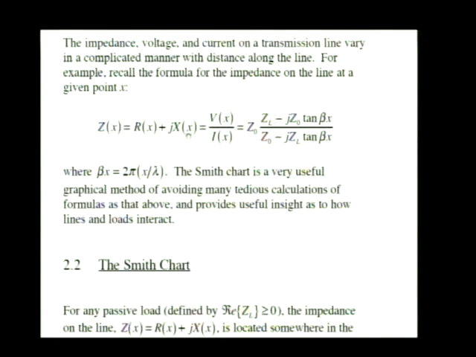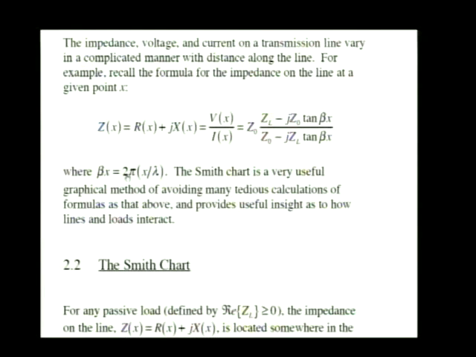And as usual, there's our definition of what we mean by the impedance at any point, phasor voltage divided by phasor current, and there's the actual formula that we derived in the last chapter for the impedance as a function of position, where we remember that quantity beta x, or beta L, is equal to what we call the electrical length.